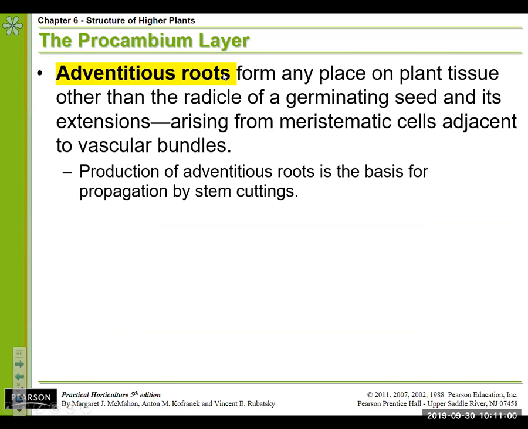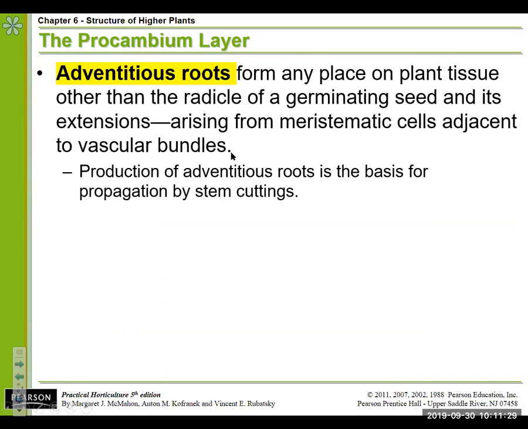We mentioned the adventitious roots earlier, those that form from any place other than the radicle and the regular roots themselves. The big thing for adventitious roots is that they initiate from this cambium layer, in between these vascular bundles that are, again, like the veins of the plant, circulating these substances throughout the plant.